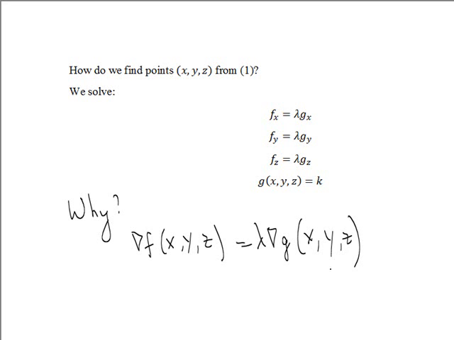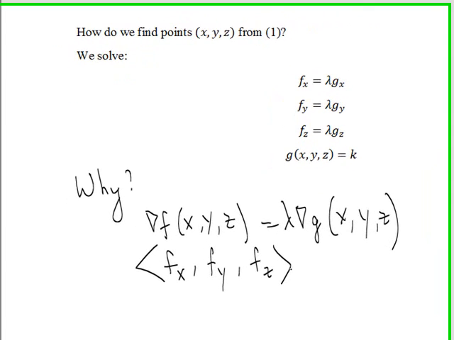Now remember, what's the formula for the gradient? It's the vector of all the first partials. So f sub x, f sub y — sorry, what am I saying? That's not right. It should be f sub y, f sub z.